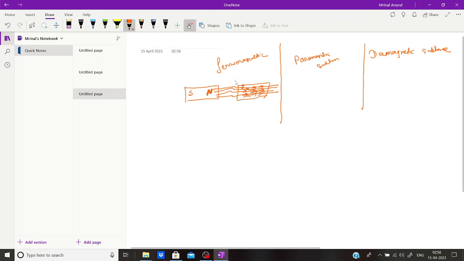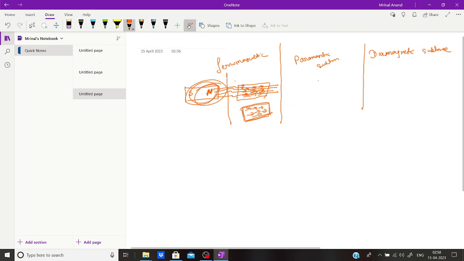And if you remove this magnet, and take the ferromagnetic substance out of the magnetic field, its domains will remain aligned along the direction of the magnetic field. So it will show the magnetic property even after you remove the magnetic field.